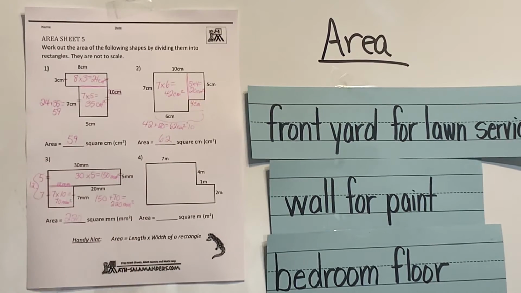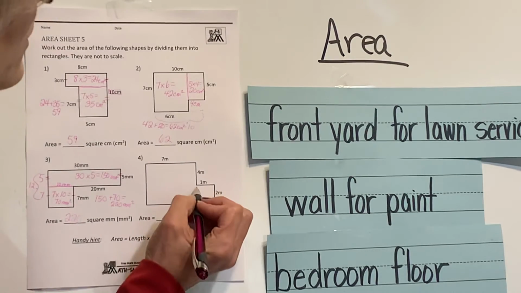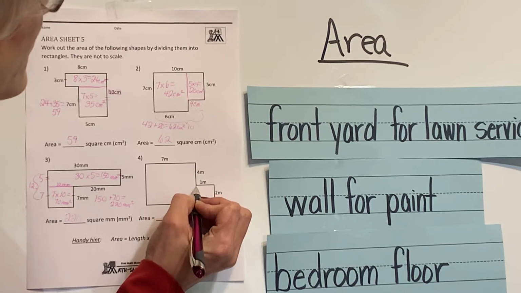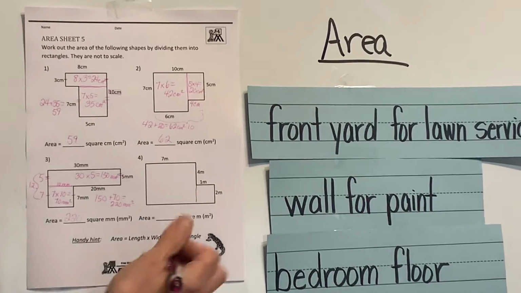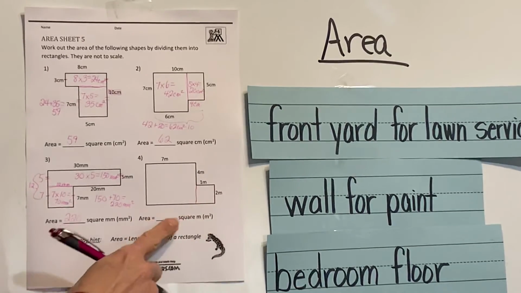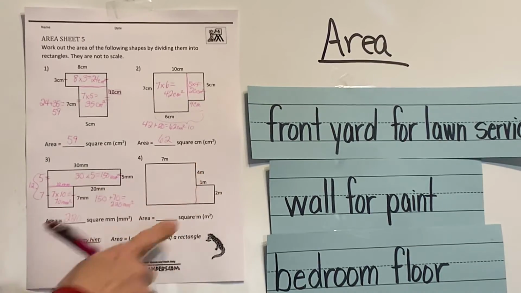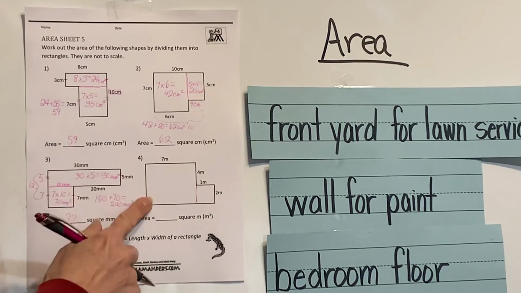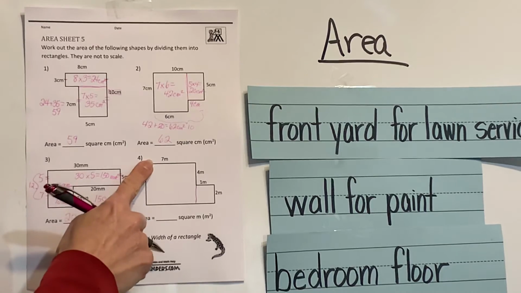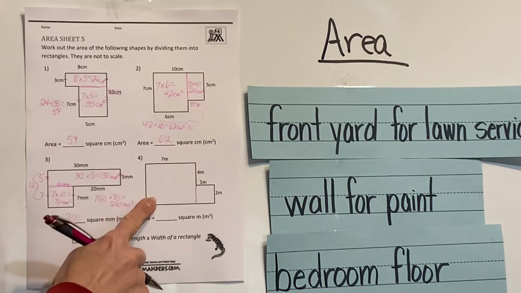Moving on to number 4. Number 4, I'm looking at that, I'm trying to see how I could break that up to make 2 distinct rectangles. I think I'm going to go ahead and do this right here. All right, so right here, if I draw that line right here, I need to figure out what this line is going to equal, because I have my length, but I don't have my width.